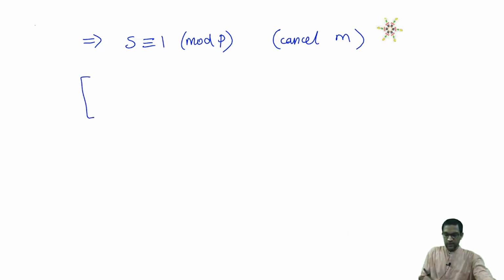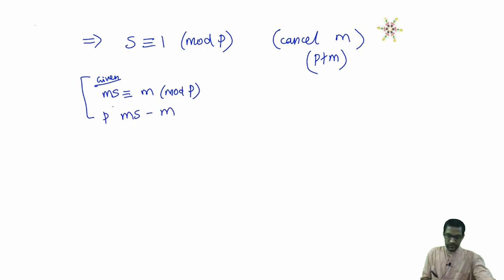Just a little aside on this cancellation of m. So remember, I can cancel m because m is not congruent to 0 modulo P. Okay, if m is not divisible by P, I can cancel m from both sides of a congruence. And why is that? Because, so recall, what's given is this. I'm given that ms is congruent to m modulo P. This just means that their difference ms minus m is divisible by P. This is what the congruence means.